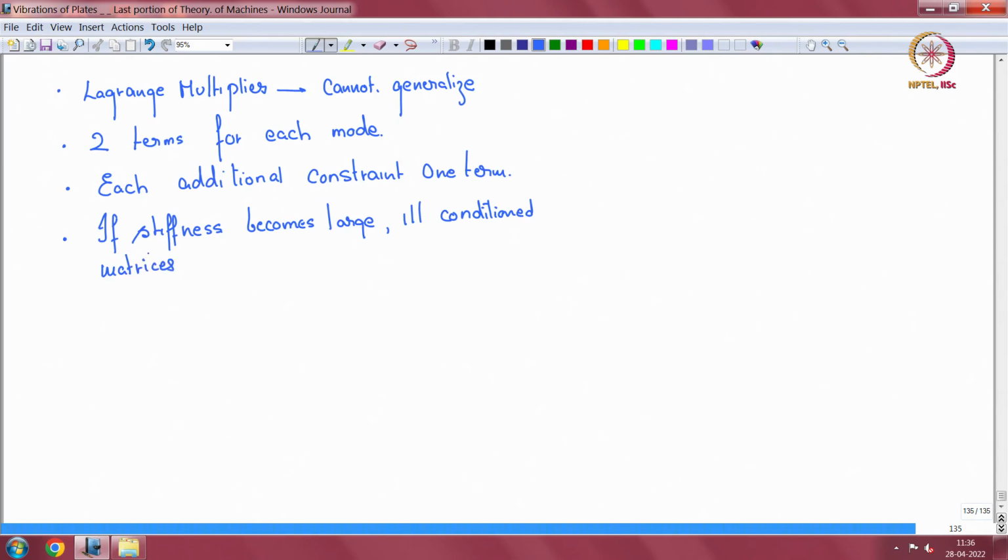Also, if you have a large number of terms, that means your f of x has many terms in it, a_i, g_i, many terms in it.